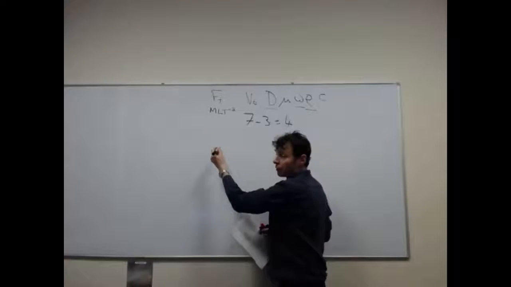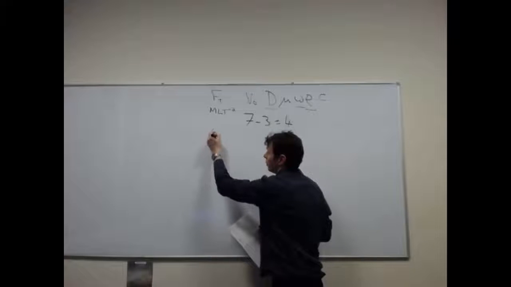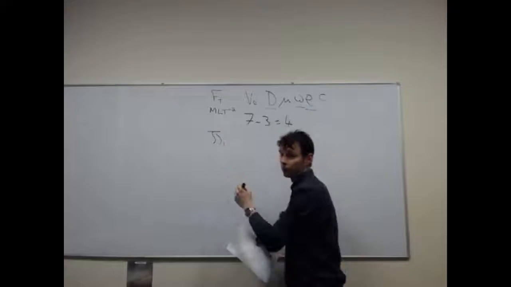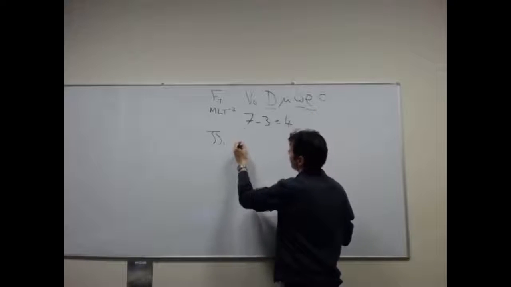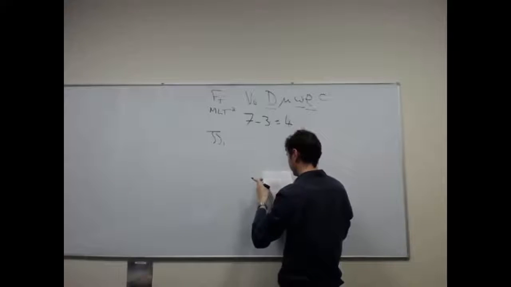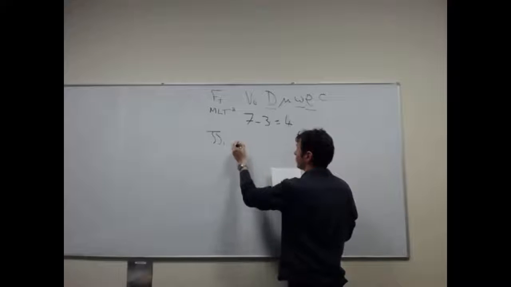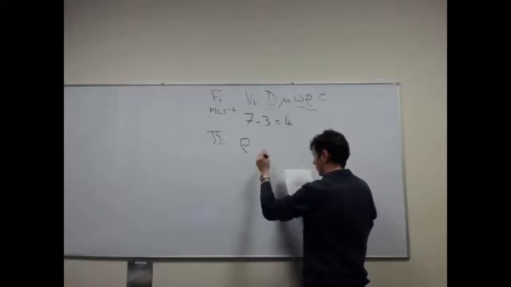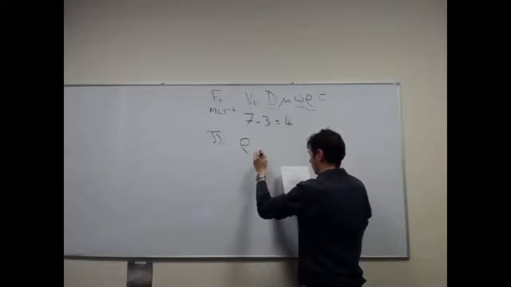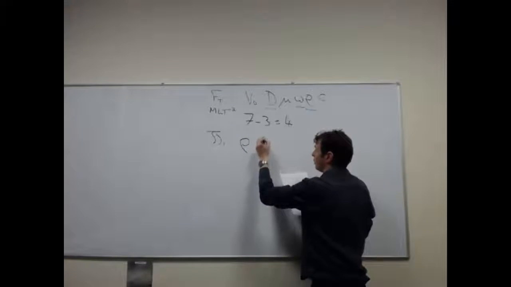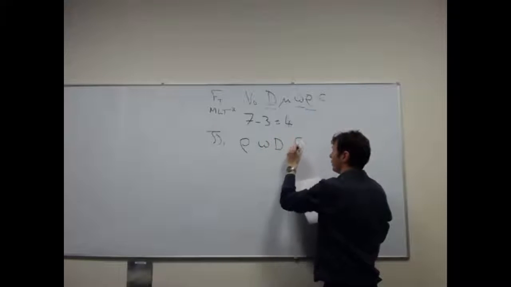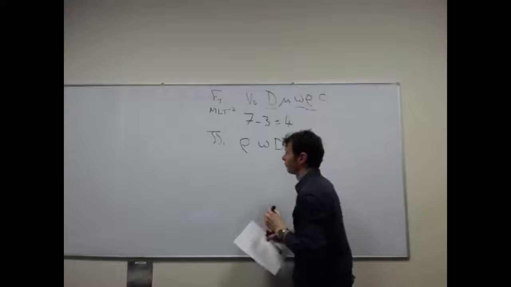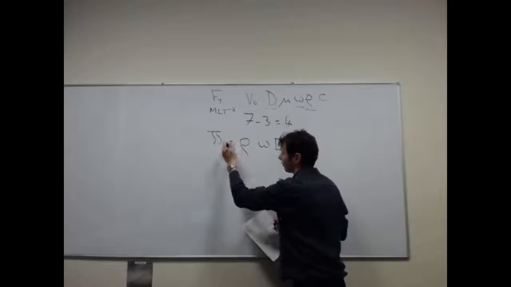So for our first dimensionless group, we'll call that pi 1. So we're going to have rho, omega, D, and Ft. Okay, this is our first group.